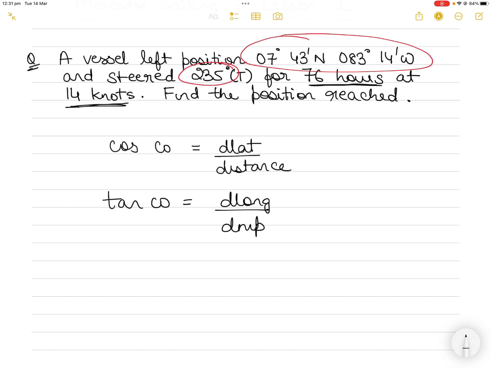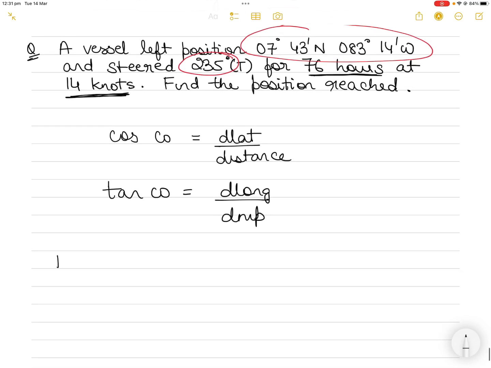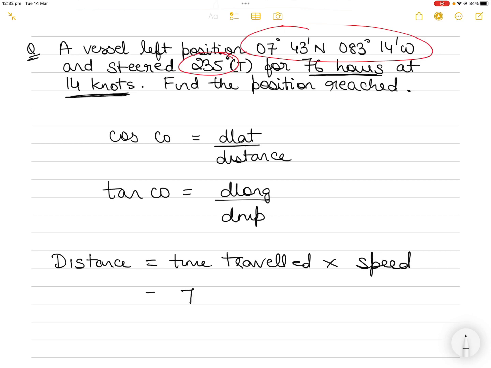Now if the vessel sailed for 76 hours at 14 knots, can we find the distance traveled? Yes, we can. Distance is equal to time traveled multiplied by speed. So time traveled is 76 hours and speed is 14 knots.